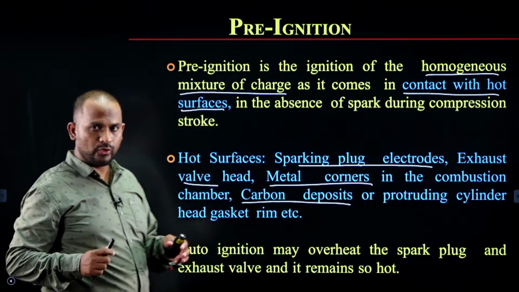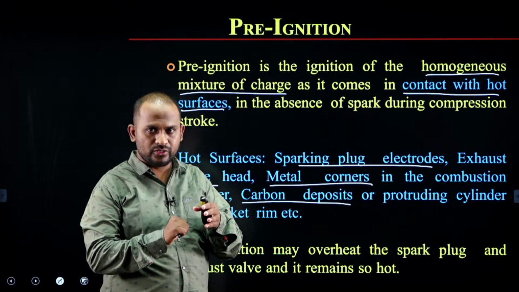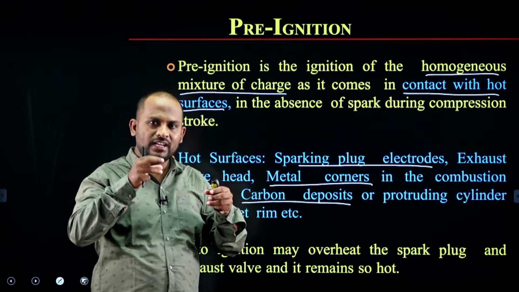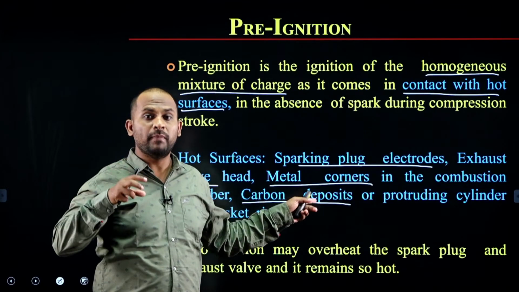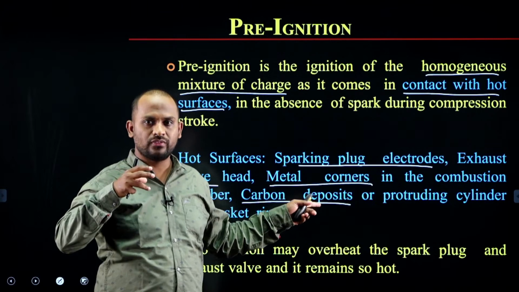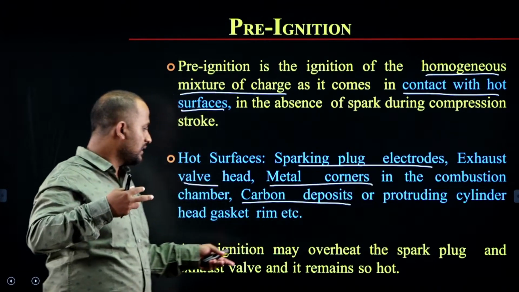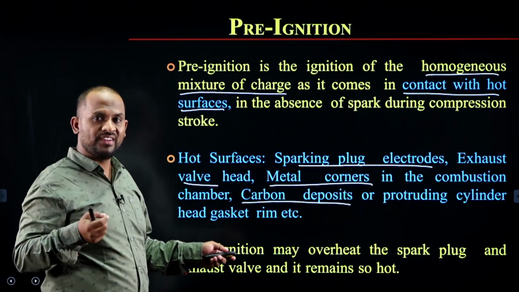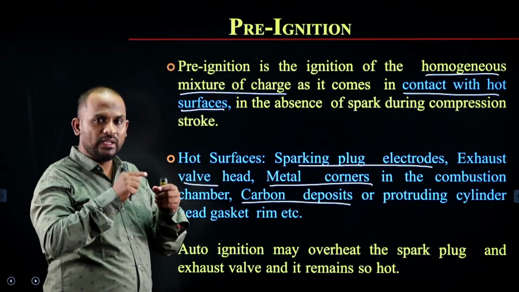During the compression stroke, these metal components are hot and the charge gains heat from them. It reaches its self-ignition temperature, then it explodes itself, auto-ignites itself and creates a flame.